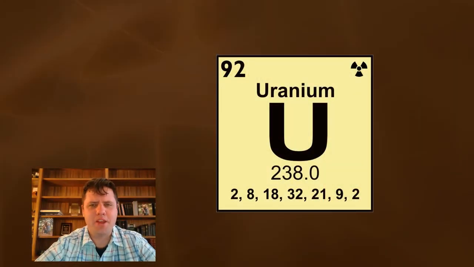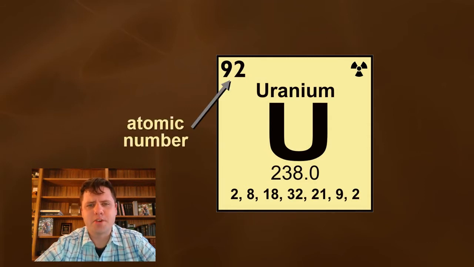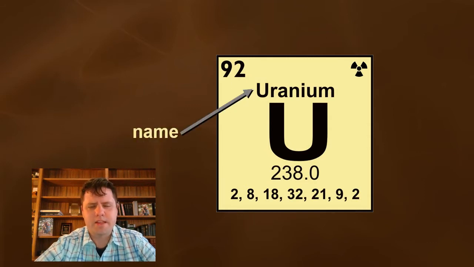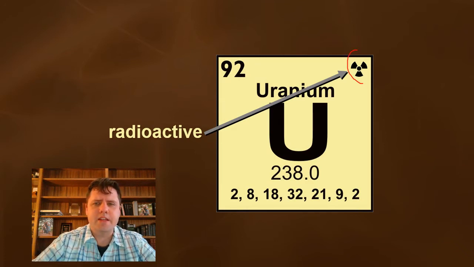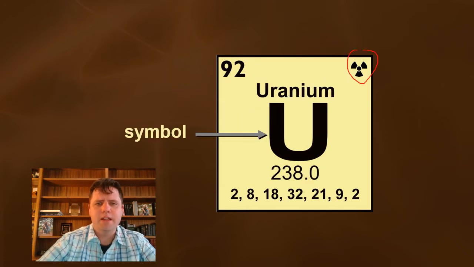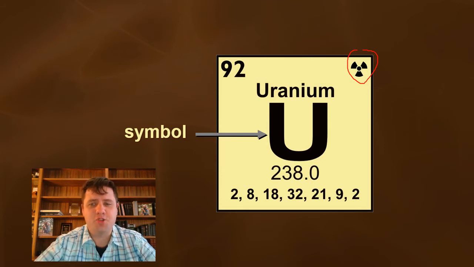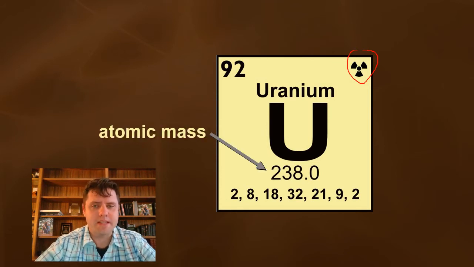Let's look at an example here of uranium. Note here, uranium found on the periodic table is number 92. The atomic number is right there. The atomic number, by the way, is the number of protons in the nucleus. Uranium, the name is listed. In this case, we see the symbol of radioactivity up here in the top right corner. The symbol itself is just U, capital U. The atomic mass is 238.0.